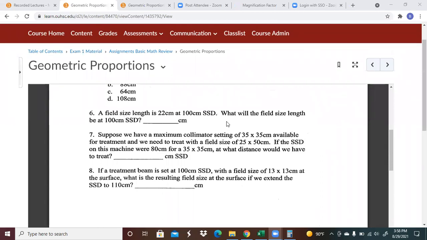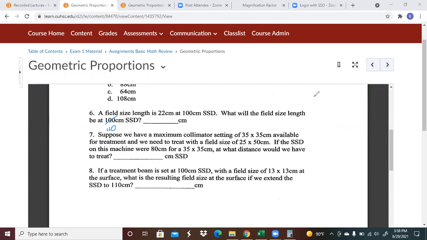A field size length is 22 cm at 100 SSD. What will the field size length be? You know what? That's a question that really needs to be changed. I'm going to change it up so that we get a little extra practice here. So let's say 110.